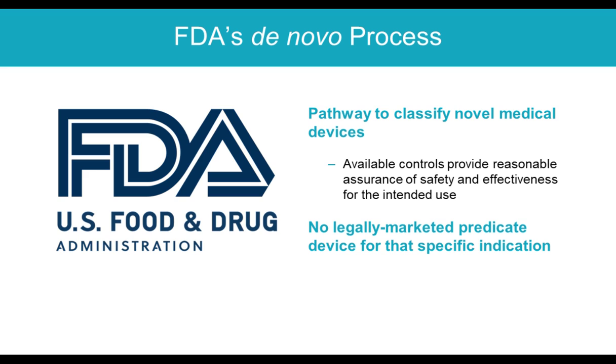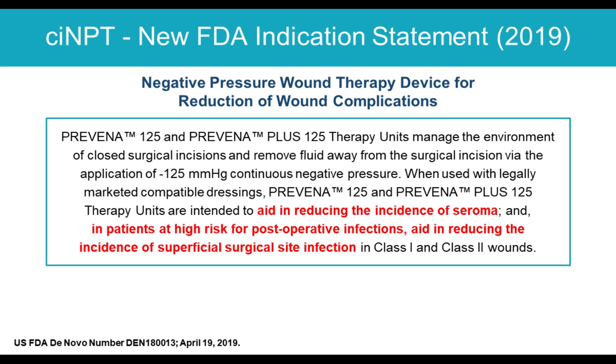Now, incisional negative pressure therapies in these portable devices have been on the market since around 2010, but only in 2019 did one particular negative pressure device go through the de novo process specifically for a new indication. And the FDA recognized a new class of negative pressure devices specifically aimed at reducing the risk of surgical site infection, which was an indication not previously open to the broader class of incisional negative pressure therapy devices.